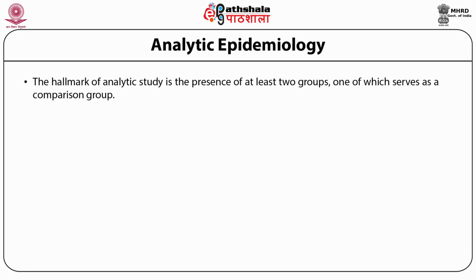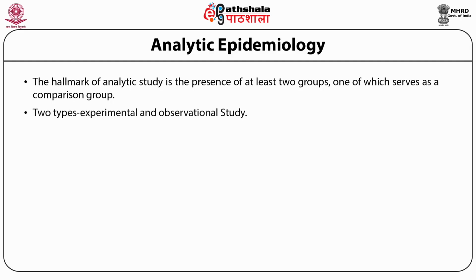The hallmark of analytic study is the presence of at least two groups, one of which serves as a comparison group. Epidemiologists use analytic epidemiology to quantify the association between exposures and outcomes and to test hypotheses about causal relationships.